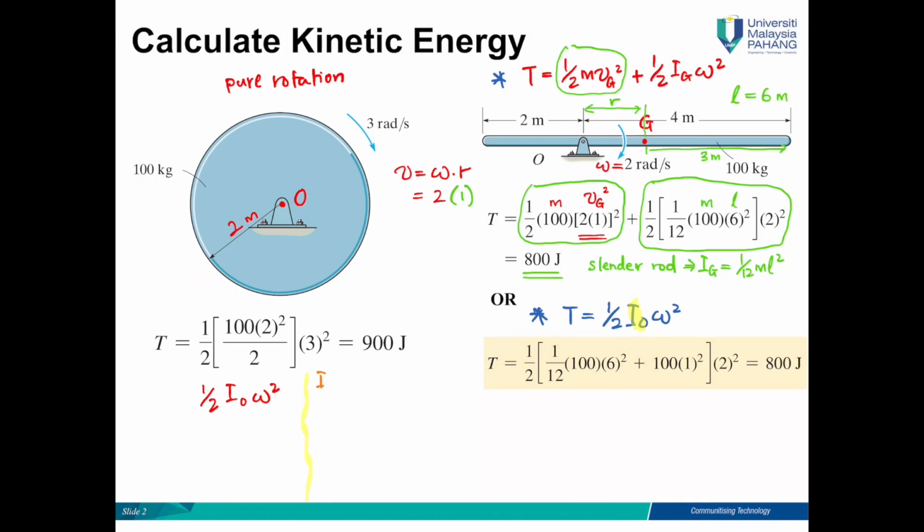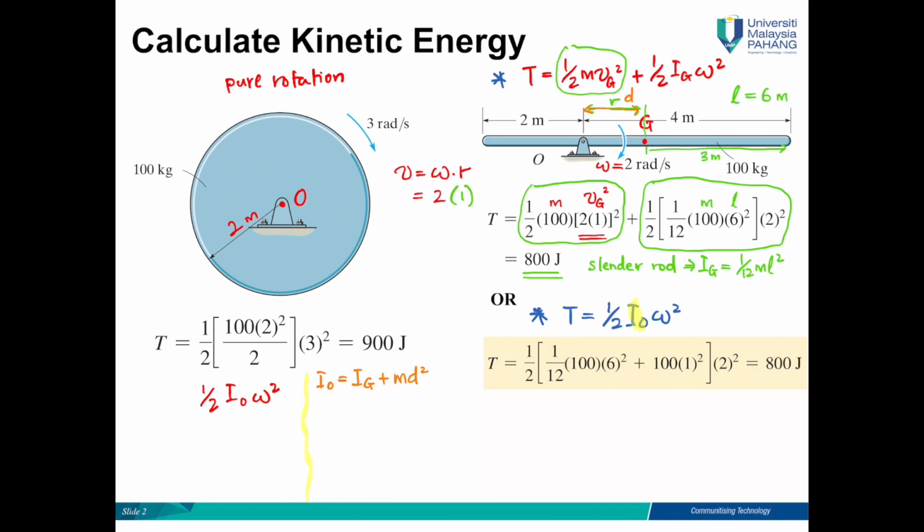Io is basically, using the parallel axis theorem, equal to Ig plus M times d squared. M is the mass, and d is the distance from the center of gravity to the center of rotation. So d is also equal to r here. This is also the distance d over here.